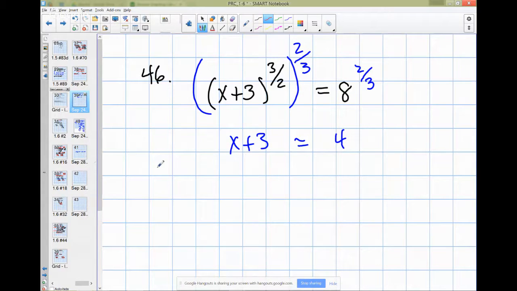This is kind of unrelated, but 46 says solve for x, and it's that thing in black. X plus 3 is, how in the world do you get x out from under that crazy power? See what I did? Why would I want to take both sides to the 2/3 power?